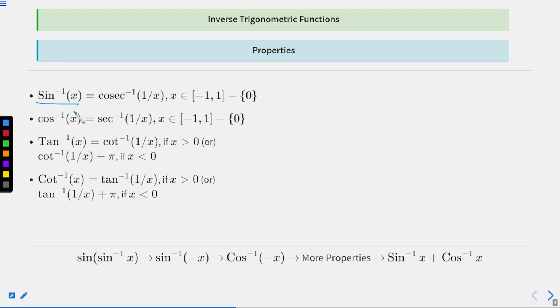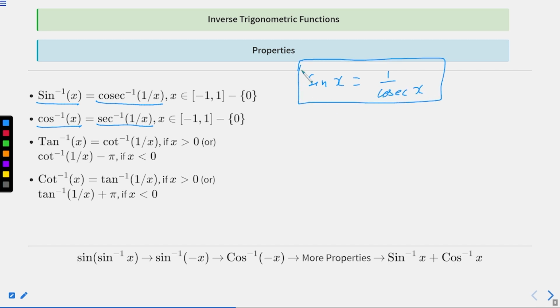Now sine inverse x is cosec inverse 1 by x, and cos inverse x is equal to sec inverse 1 by x. We know that sine a is 1 by cosec a.